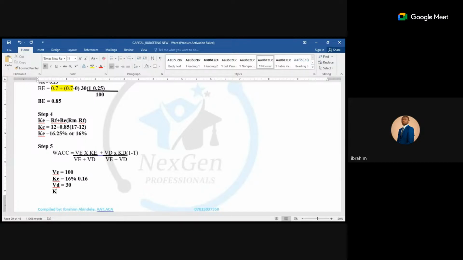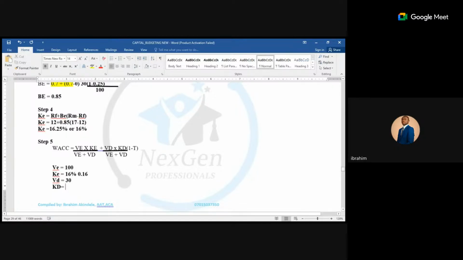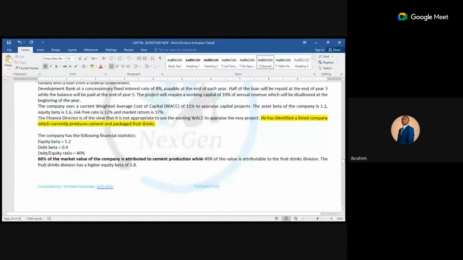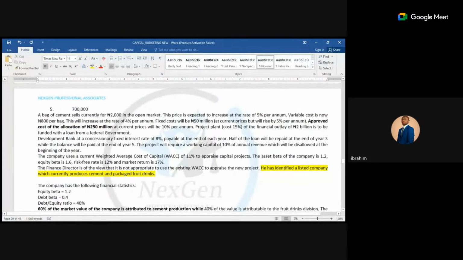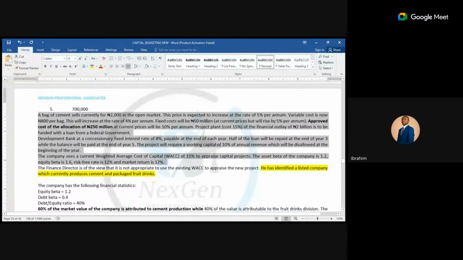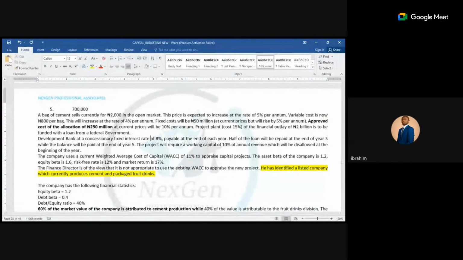Now the cost of debt. What would be the cost of debt? Let's quickly go back and check the cost of debt of the main company. From all this information for the main company, where is our cost of debt? 8%. Are you sure it's 8%? It is a fixed interest rate.